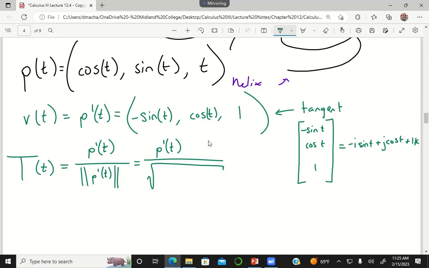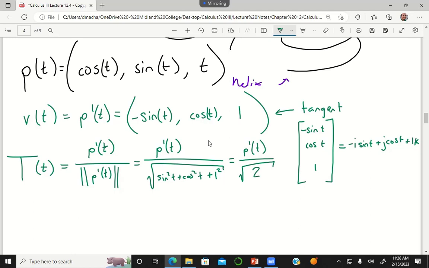Okay, so again, the norm of that vector, the one in green here, is going to be the square root of sine squared plus cosine squared plus 1 squared. So that is going to be this divided by the square root of what? 2. Yeah.